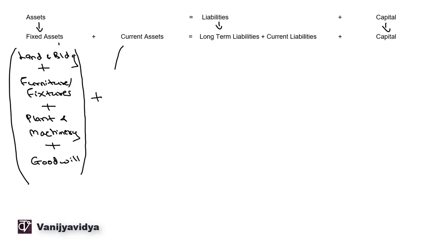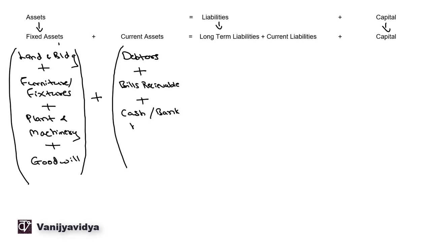Plus, your current assets can be further bifurcated into your debtors, or also known as accounts receivable, plus bills receivable, plus cash or your bank balance, plus prepaid expenses, plus stock. So this comprises of your current asset, which is equal to your long-term liabilities.